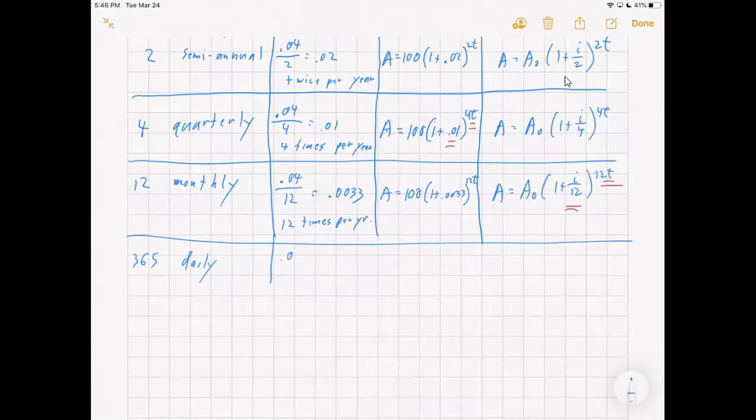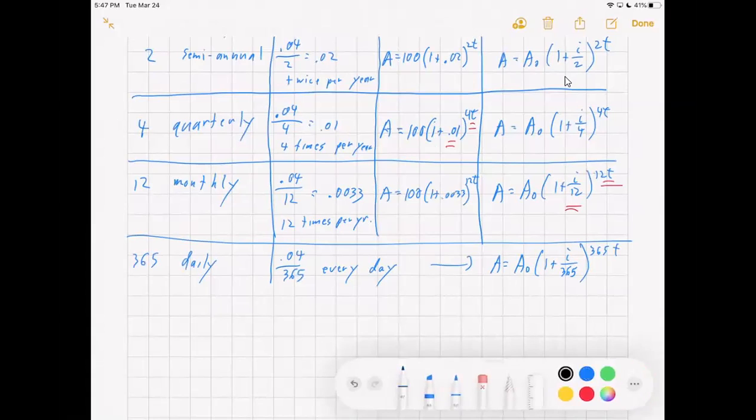We would have 0.04 over 365, but we would do it every day. I'm just going to jump right to the last column: A is equal to A naught times 1 plus i over 365, but we would do that 365 times per year.